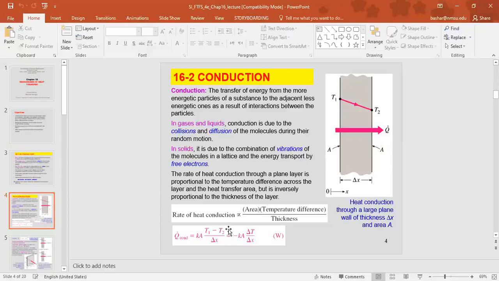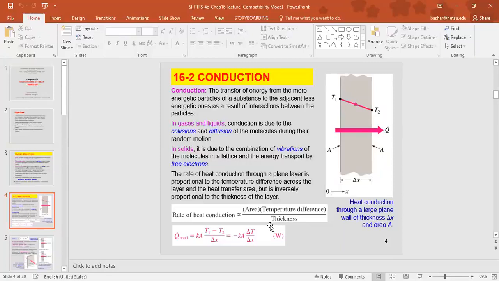The rate of heat conduction is controlled through a law called Fourier's law of heat conduction. It tells us that the rate of heat conduction is proportional to the cross-sectional area through which the heat is transferred, and the temperature difference, and inversely proportional to the thickness of the layer.